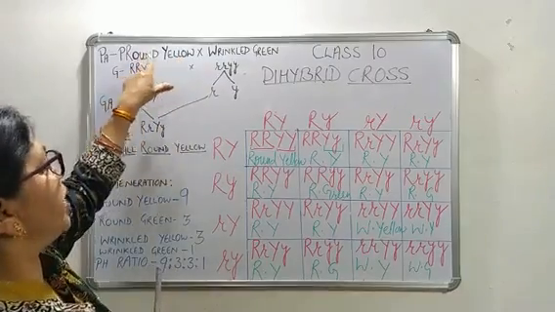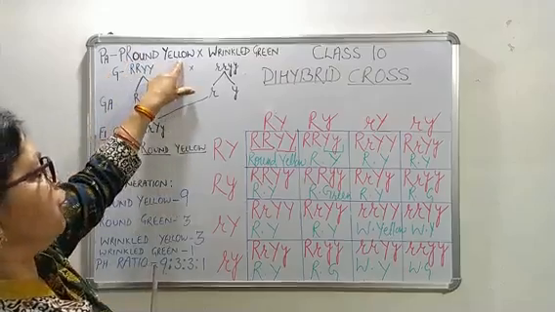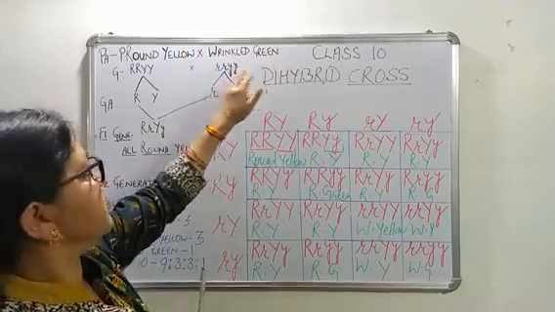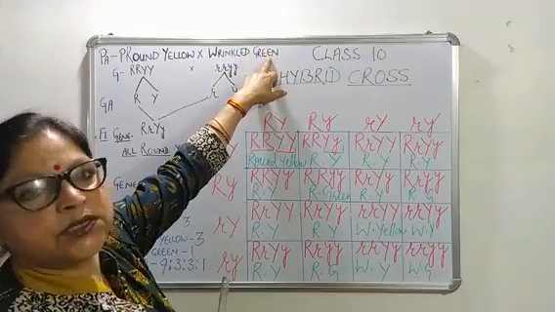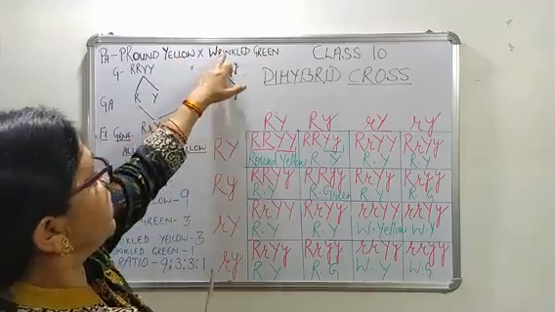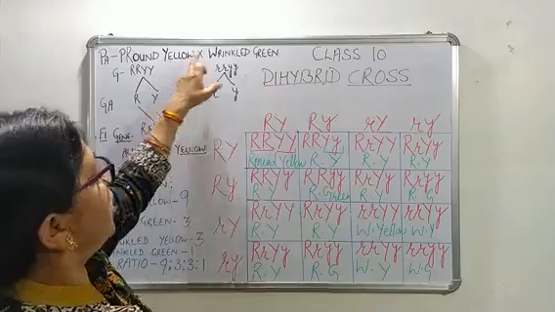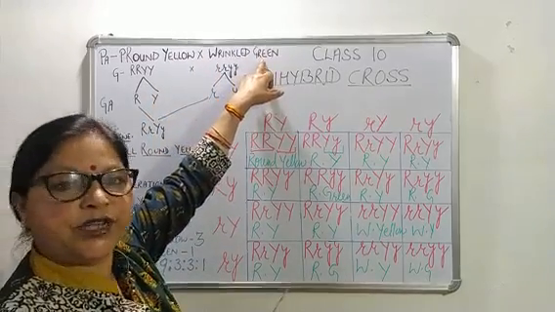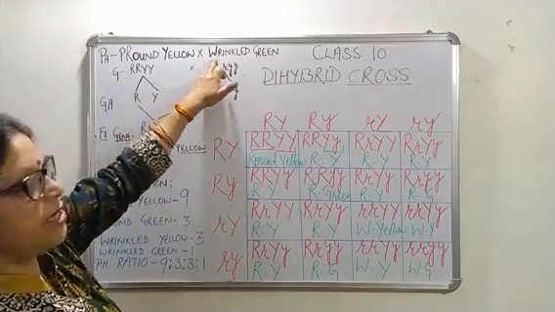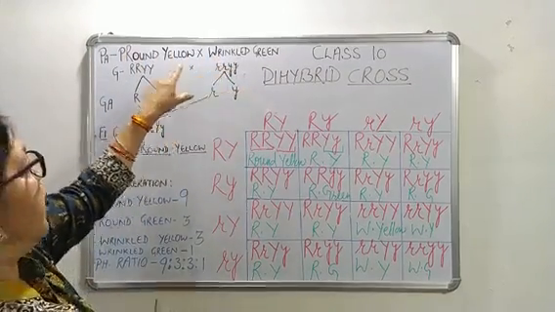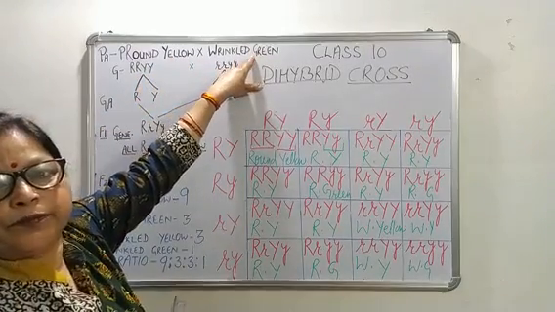So these are two characters, round and yellow. The other plant had wrinkled with green seeds. So round and wrinkled are two contrasting traits, and yellow and green are two contrasting traits for the same character. He has taken the shape of the seed, round or wrinkled, and the color of the seed, yellow and green.